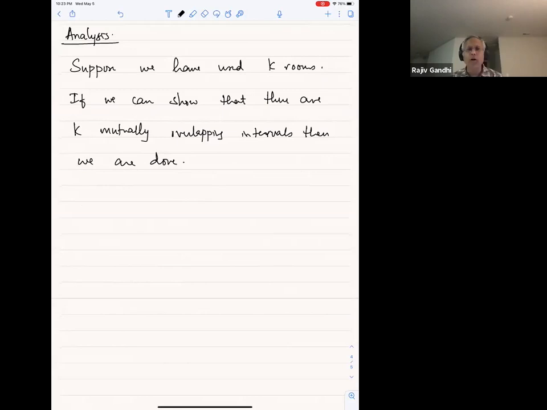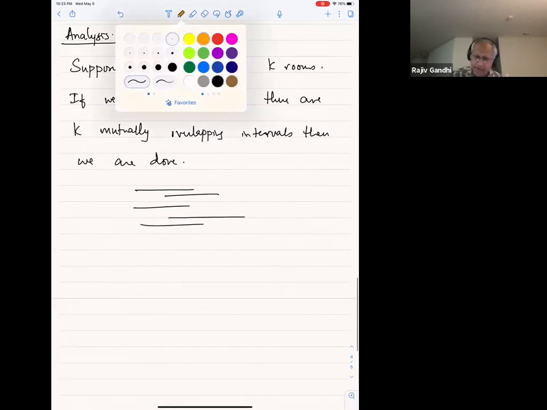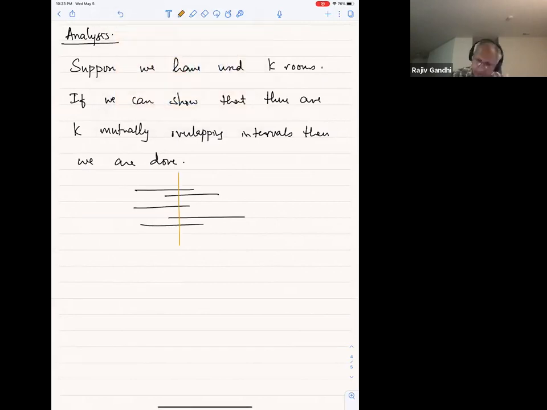Because what Magison told us is that if we draw a vertical line that goes through K intervals, then we know that the optimal, that is even God, will need K rooms to schedule these intervals, right? And we are using K rooms, and that is why our algorithm works. So how do we show this?